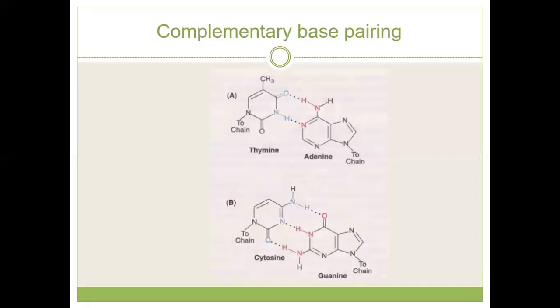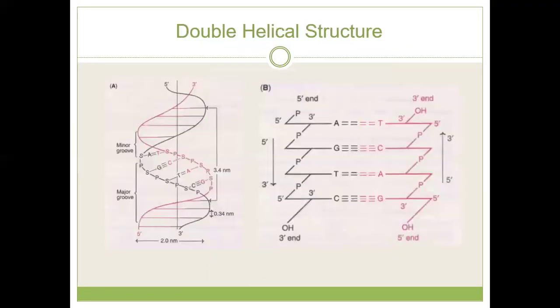So this explains that the DNA is a double strand, and we have seen how the double strand is formed between the nucleotides of the DNA, where we have an adenine binding with thymine and guanine with cytosine.